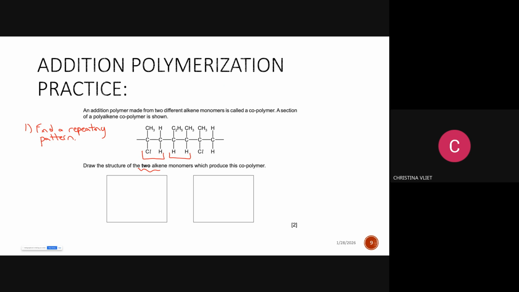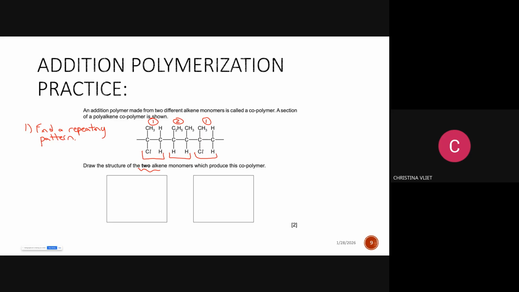Okay, so you find a repeating pattern. And when I was looking at this last night, I saw the repeating pattern was CH3Cl, CHH. And then C2H5H, CH3H. And then here again, this one right here is the same as that one right there. So really, they're showing you more than one of the chain, and they're asking you to figure out, okay, where are the different blocks that we have to separate?